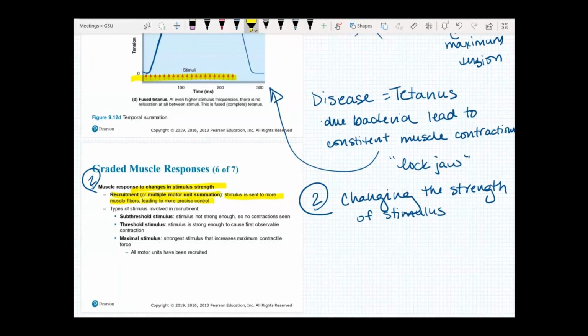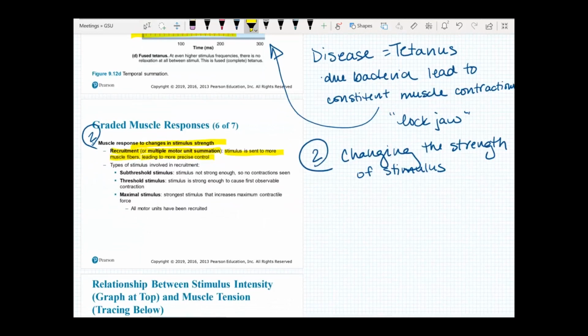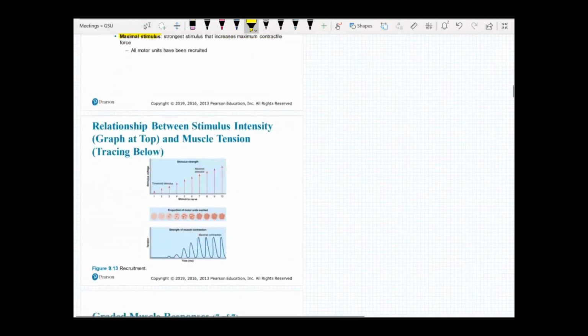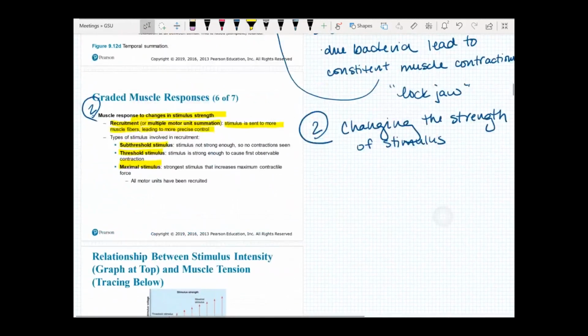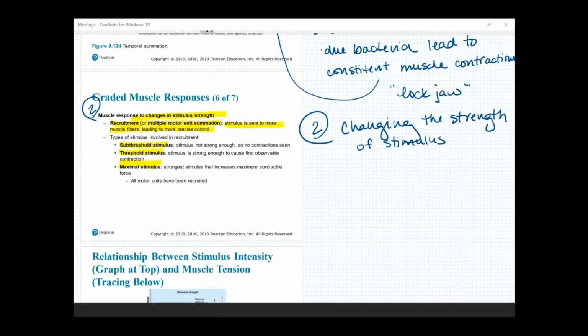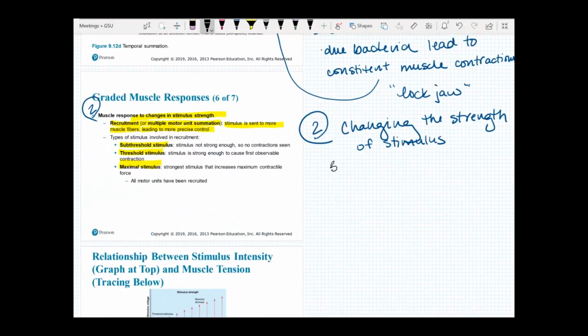So this is going to be achieved through these three principles: subthreshold stimulus, threshold stimulus, and our maximum stimulus. I'm going to look at this graph a couple times so we can see what these three pieces are. When we're looking at changing the strength of the stimulus, there are going to be three things.